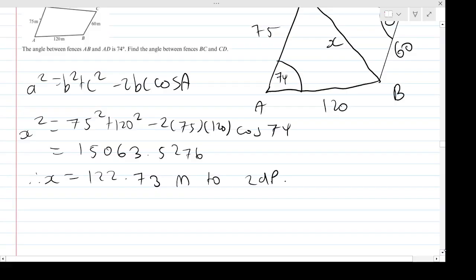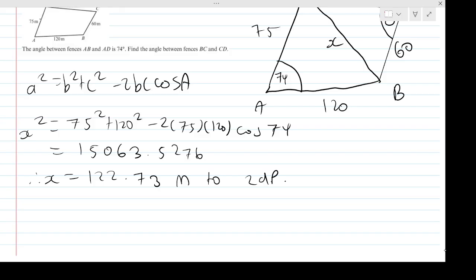Now, because that's not the final answer and I will need that, do I round it, or do I write the full thing the calculator gives me? The calculator has a store function, so I could just store my answer.